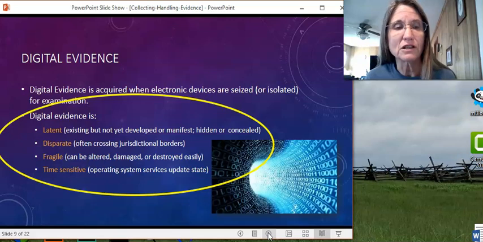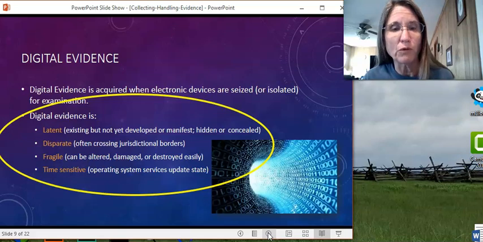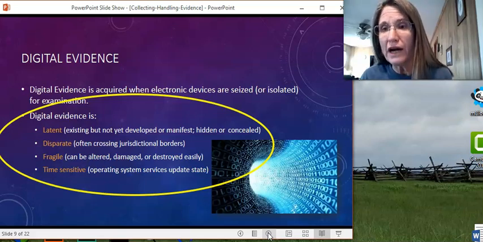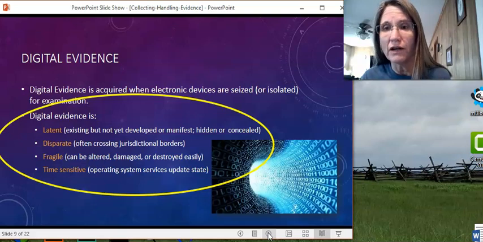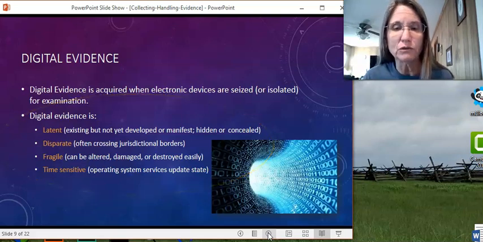And this is one of the really important reasons that we must act swiftly when collecting evidence. Which leads us to the fourth quality of time sensitivity. Both malevolent actors and an operating system itself could update the state of the machine and alter the data. So we need to collect it swiftly.